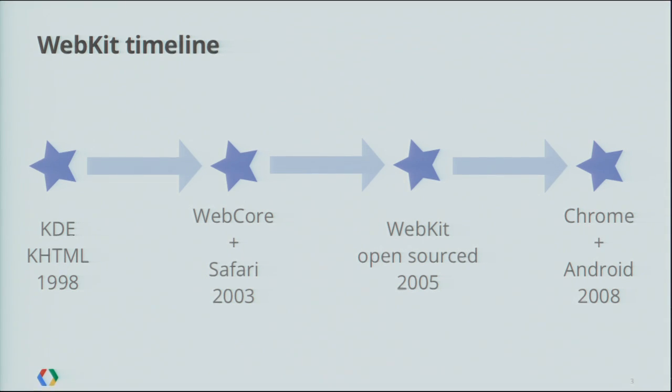And more to the interest for us, in 2008, Chrome used an engine based on WebKit, and Android used both the browser and the WebView, also using WebKit. One of the interesting things with Android is that the Android browser is actually just using the WebView, so it's exactly the same thing that you can use in your applications.